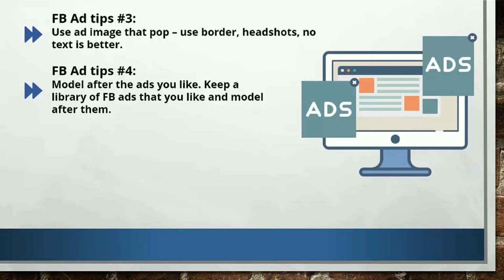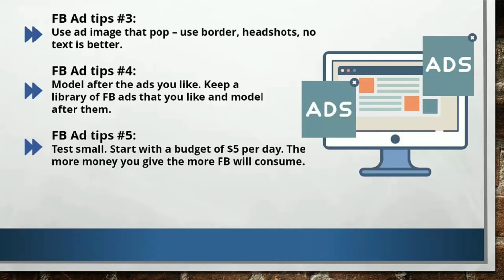Tip number 5. Test small. Now remember, once you set up a Facebook advertisement, no matter how ninja you are or how cool you are as a marketer, you need to test the advertisement. This is because you're going to have a different target market, different spinner, different image, so always test small. Start with a budget of $5 per day because it will spend less and it's cheap.